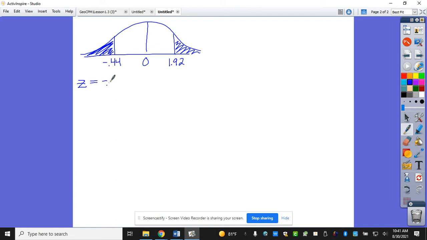So when z is negative 0.44, what is my area? 0.9726. And when my z is 1.92, what is my area? 0.0274.